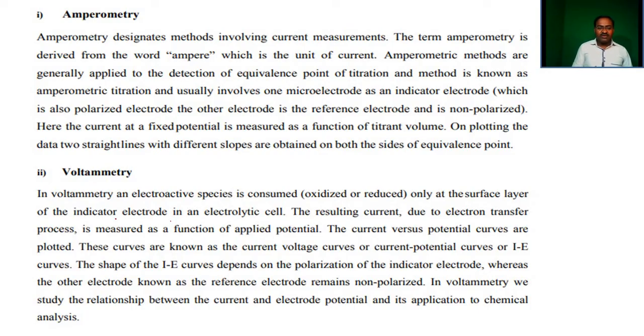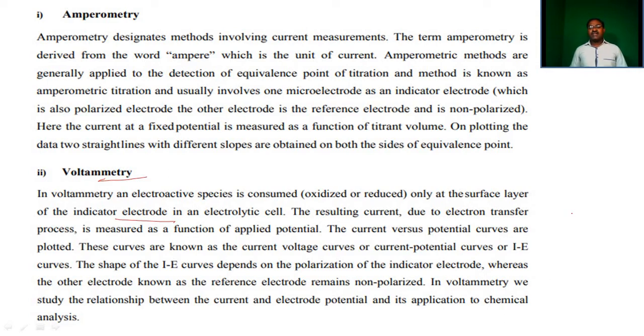Next we come to the point of voltammetry. In voltammetry, an electroactive species is consumed. It undergoes either oxidation or reduction only at the surface layer of the indicator electrode in an electrolytic cell.